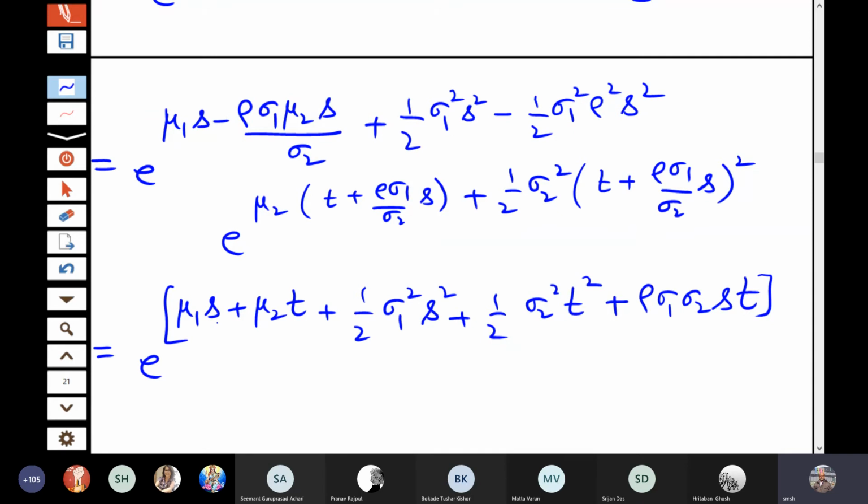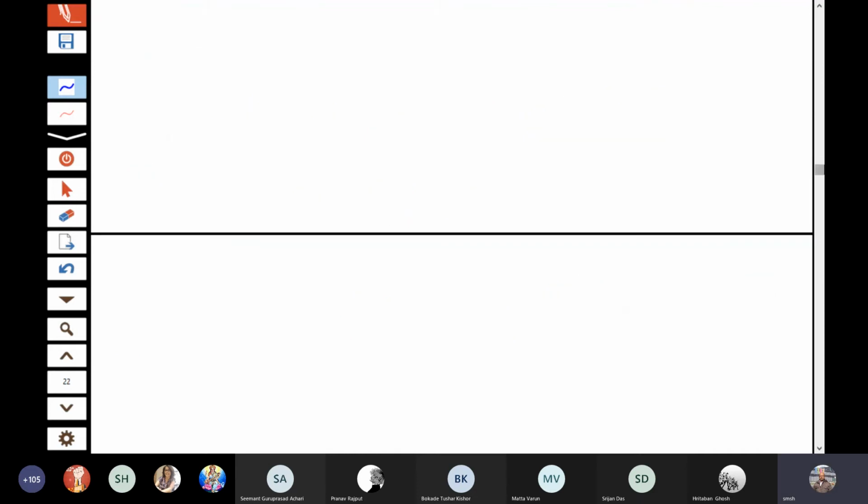So for the joint distribution, this additional term, that is rho sigma 1 sigma 2 st, is also present here. So we can prove certain important results here.